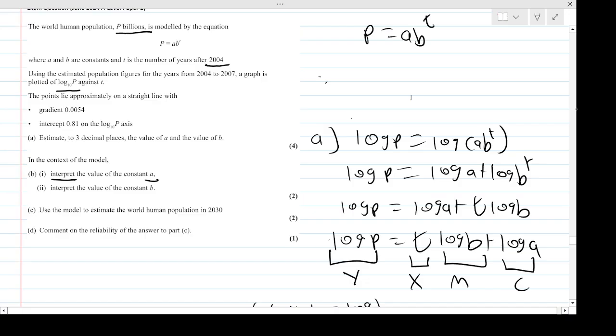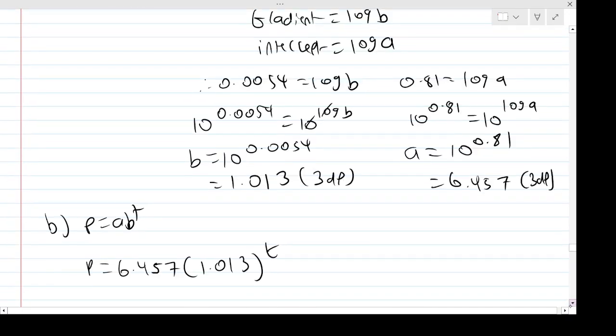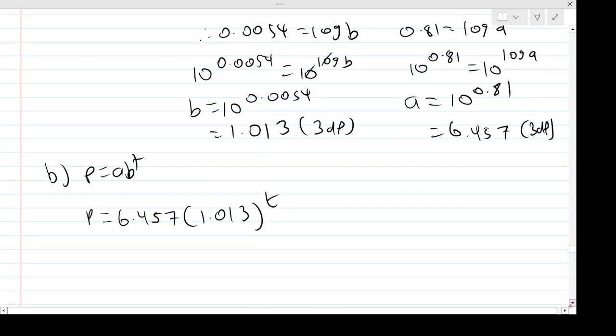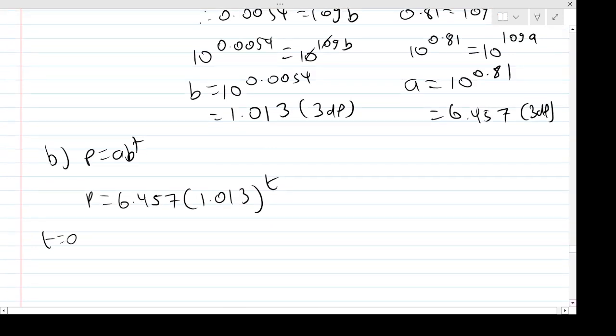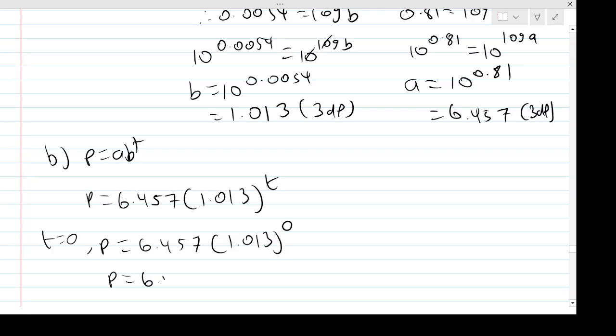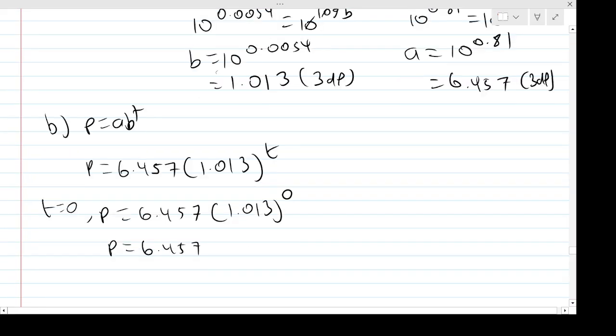So what does A mean? Again, if we were to then set T to 0, you'll spot it's the initial value of P. So P is going to be 6.457 times 1.013 to the 0, but anything to the 0 effectively is 1. So P is just 6.457, the initial value. So this 6.457, which is A, is the initial population.